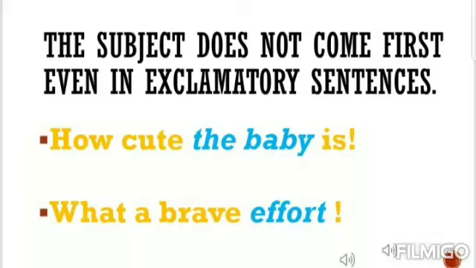In the second sentence also, when we say, what a brave effort, we are talking about effort, which is a noun, but here also it is not at the beginning of the sentence. So we have seen that even in exclamatory sentences, the subject does not come at the beginning of the sentence.